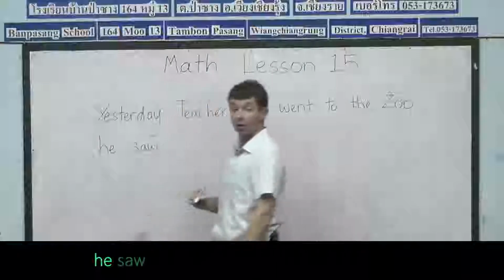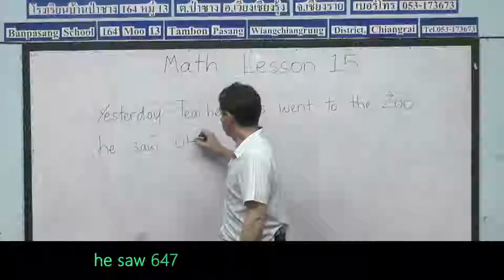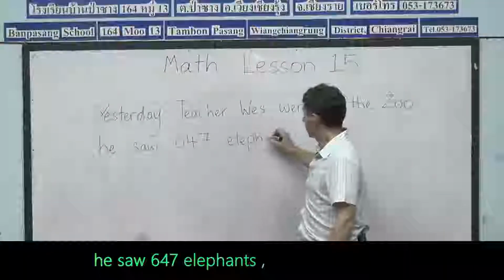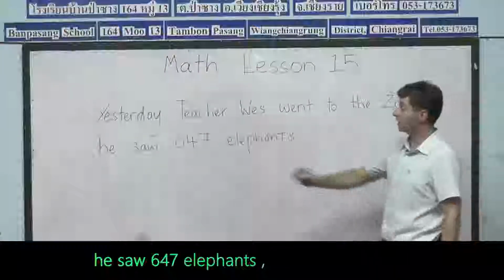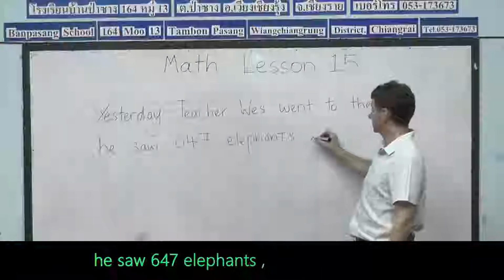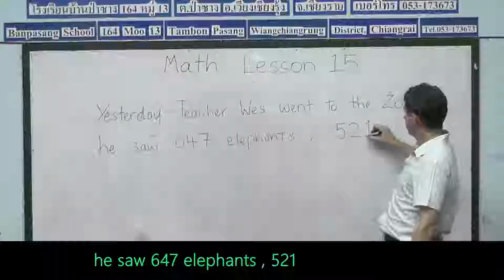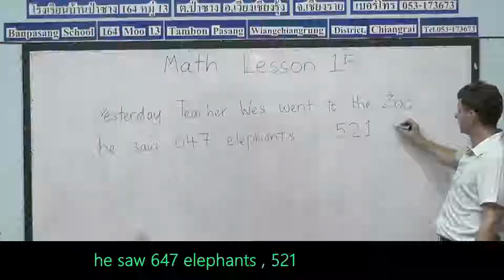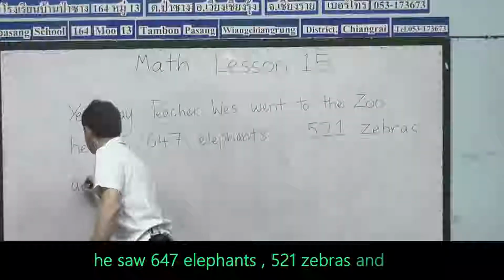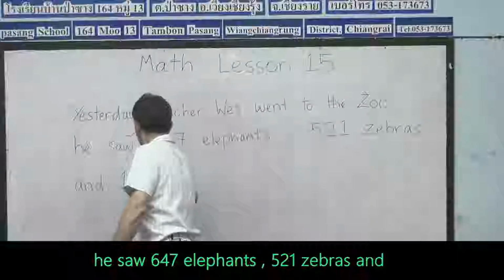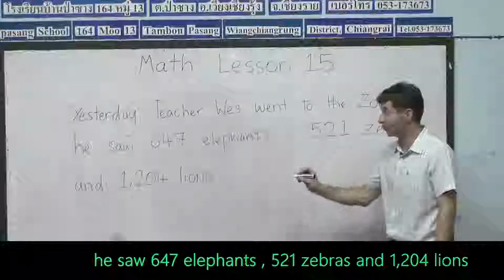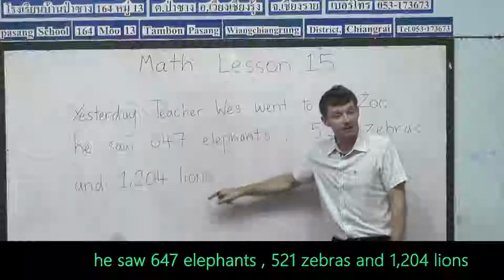He saw 647 elephants, 521 zebras and 1,204 lions.